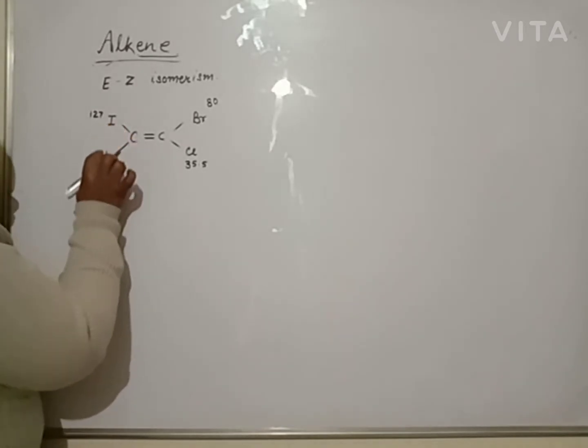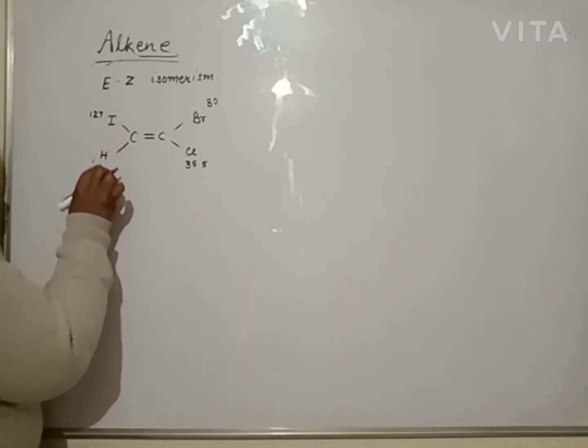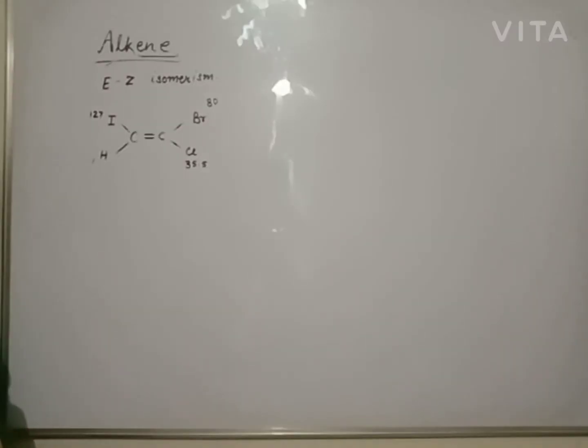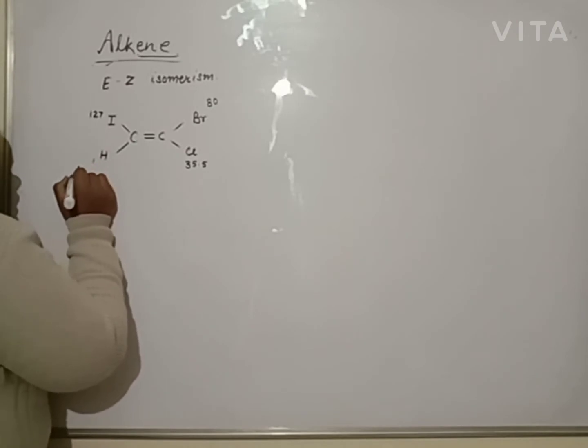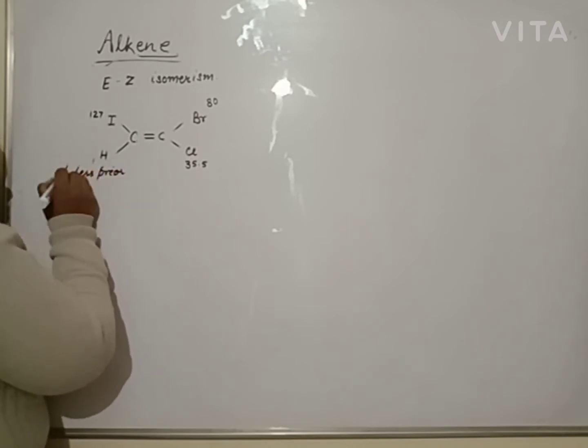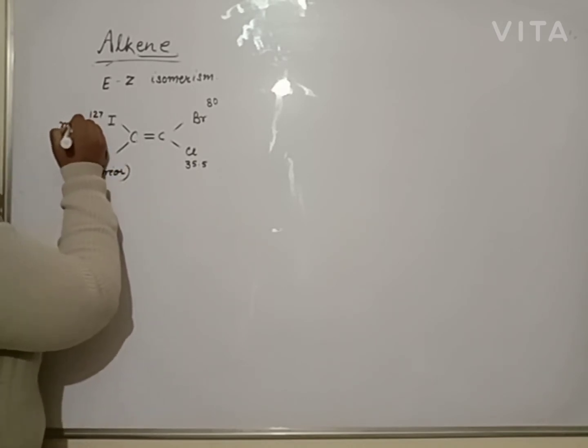That means this carbon consists of two groups. Out of these two, one is less prior, other is higher prior. Which one is less prior? Which has less atomic number. That means it is less prior. It is more prior.